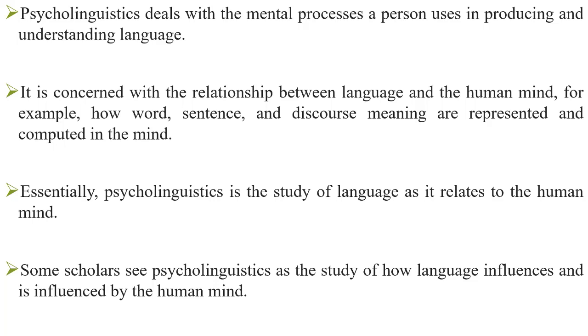So for example, how word, sentence, and discourse meaning are represented and computed in the mind. How words and their meaning, how sentences and their meaning, discourse, their meaning are computed in the mind. So essentially, psycholinguistics is the study of language as it relates to the human mind.